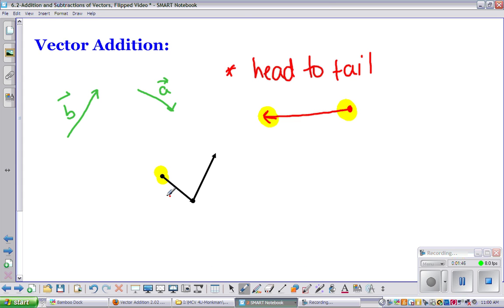This one was vector A and this one was vector B. And so if you look here, we have an arrow and we have a dot making it head to tail. And so if we were trying to find, for example, A plus B, the resultant vector would be like so, a tail to a head.